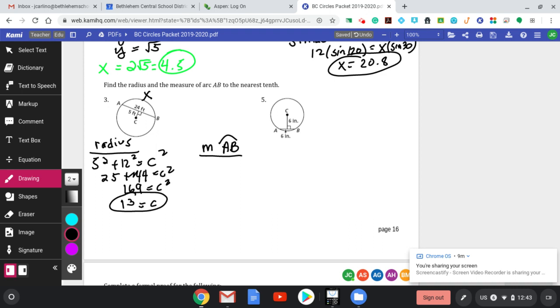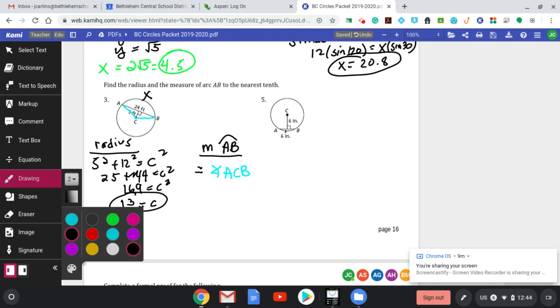The measure of an arc is always equal to its central angle, right? Well, if I draw in that angle, take a look, angle ACB, everyone see that angle that's formed. So arc AB is going to be the same measure as angle ACB. An arc measure is always equal to its central angle.